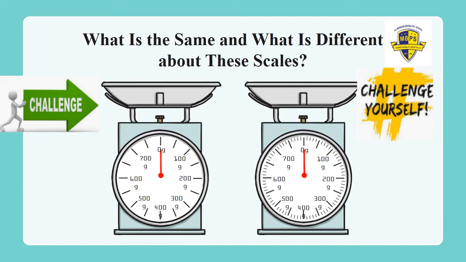Let's try. 0, 10, 20, 30, 40, this big one 50, 60, 70, 80, 90, 100. So good. Yes, this represents 10. So here the difference between both scales is in the small lines between the numbers. In one scale, the small line represents 50, and in the other one, the small lines represent 10.